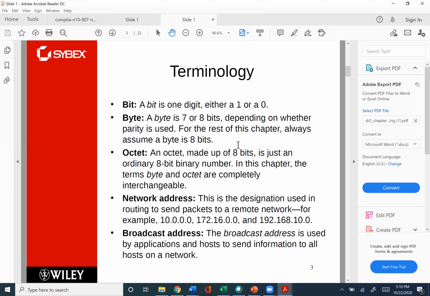We're going to talk a little bit about this terminology, and then see how we're going to put it into use. So what is a bit? If I ask you guys, what's a bit? I think we talked about this.